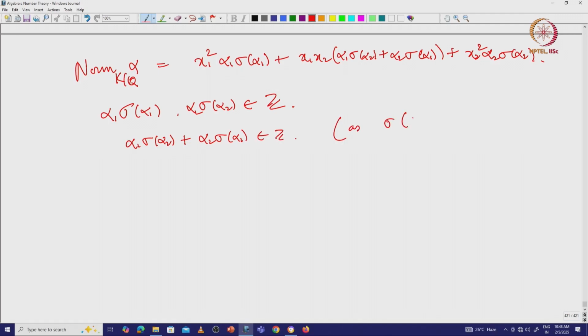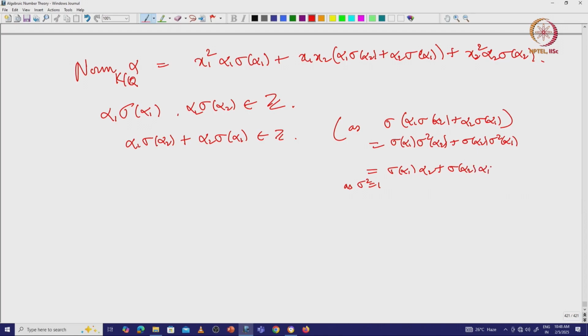What happens when you apply sigma to alpha 1 sigma alpha 2 plus alpha 2 sigma alpha 1? You get sigma alpha 1 and sigma squared alpha 2 plus sigma alpha 2 and sigma squared alpha 1, but sigma squared is identity, right. As sigma squared is equal to 1, you get sigma alpha 1 alpha 2 plus sigma alpha 2 alpha 1, right.